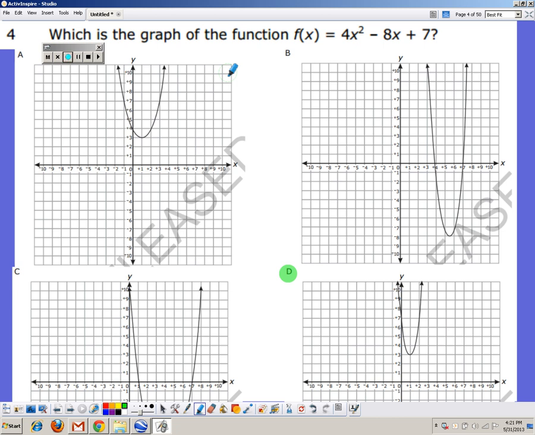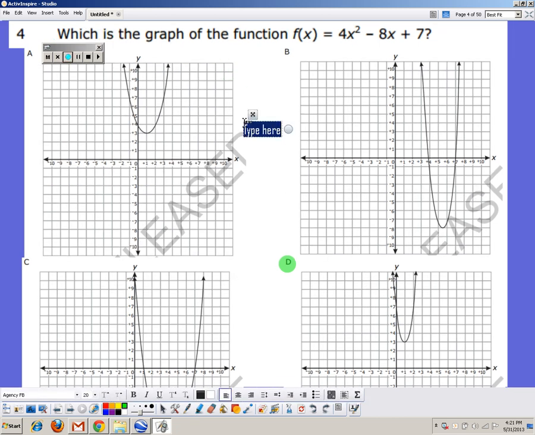You can either use your graphing calculator, or if it's on the non-graphing calculator part, you will use your quadratic formula. And hopefully everyone has this memorized, because your quadratic formula is negative b plus or minus the square root of b squared minus 4ac, the whole thing over 2a.